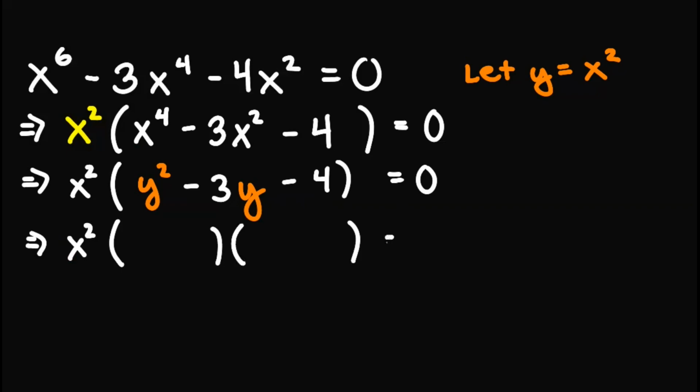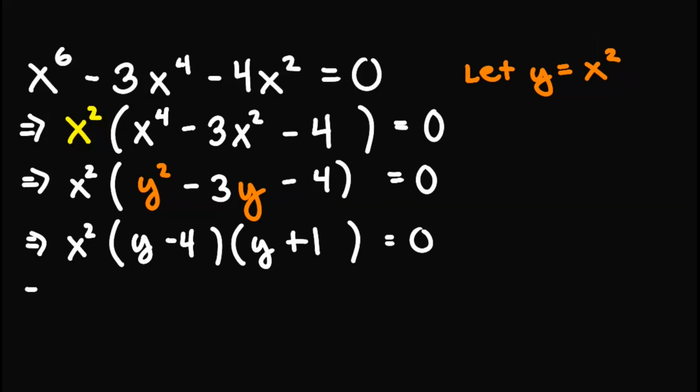So you can verify by your knowledge of factoring quadratic trinomials that this quadratic trinomial out here factors into y minus 4 times y plus 1. And from here, note that since it is linear already, and we can't really reduce it anymore, we can now go back to x squared.